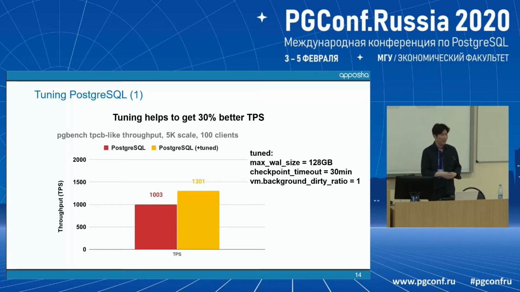This setting guarantees that there is no checkpoint due to the max WAL size; it only happens at 30 minute intervals. By tuning these parameters, we can get about 30% better TPS.